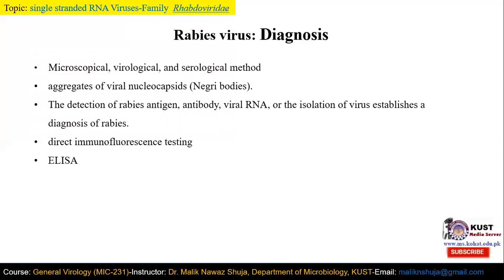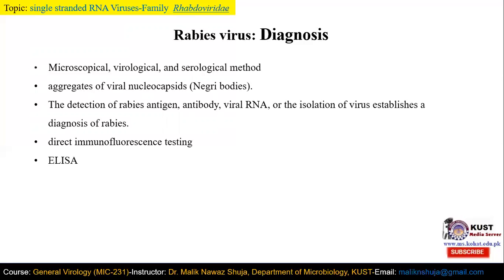The detection of rabies antigen, antibody, viral RNA, or isolation of virus establishes a diagnosis of rabies. Direct immunofluorescence testing can also be used for the identification of Negri bodies in animals. We can also use ELISA for detection of antigen.